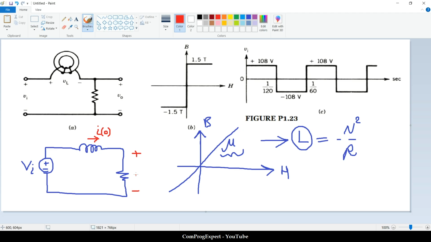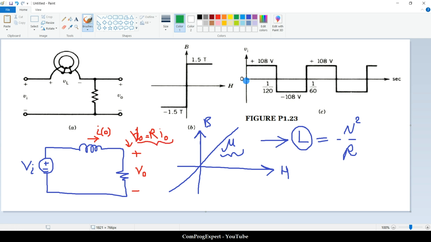the output voltage VO. So when we apply this voltage, suppose we have this current, I am going to plot the waveform of the load current IO, and you know that the voltage VO is just R times IO, a linear relationship.